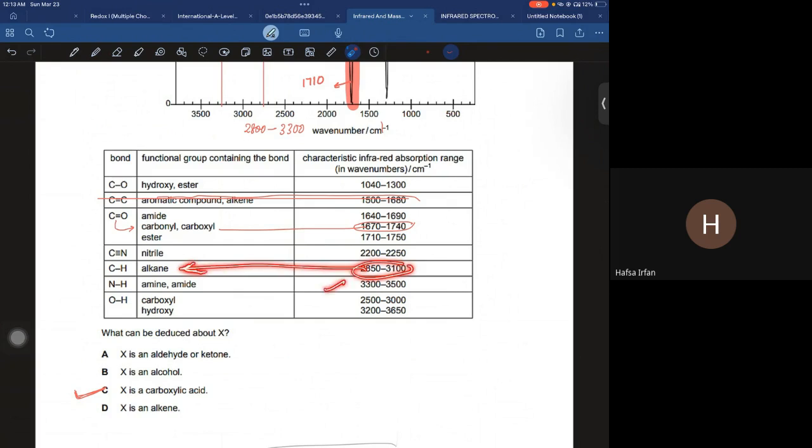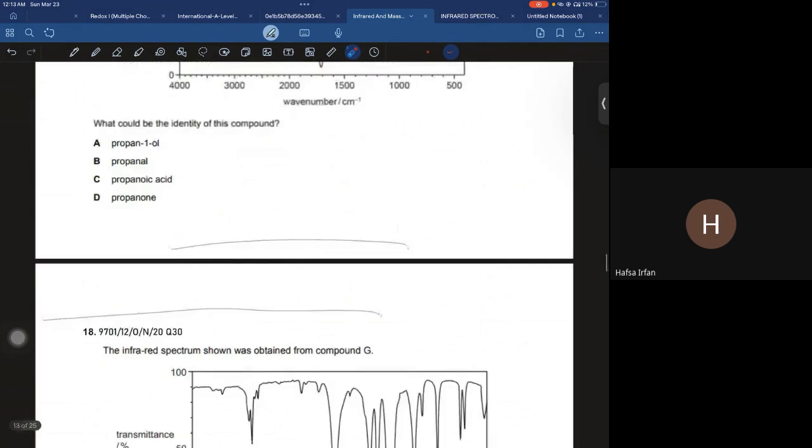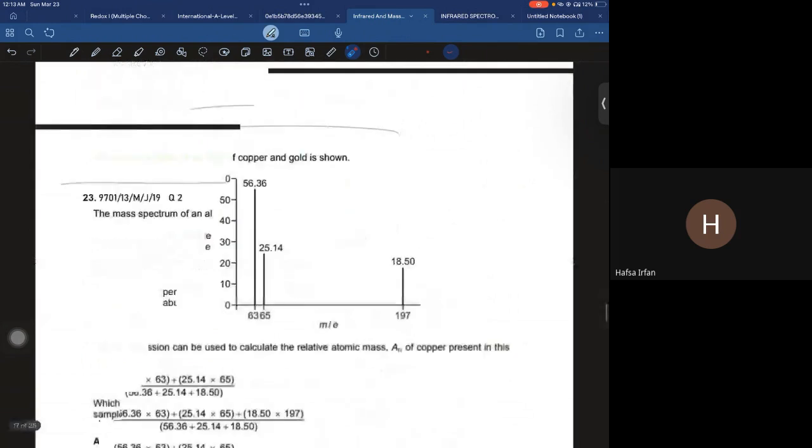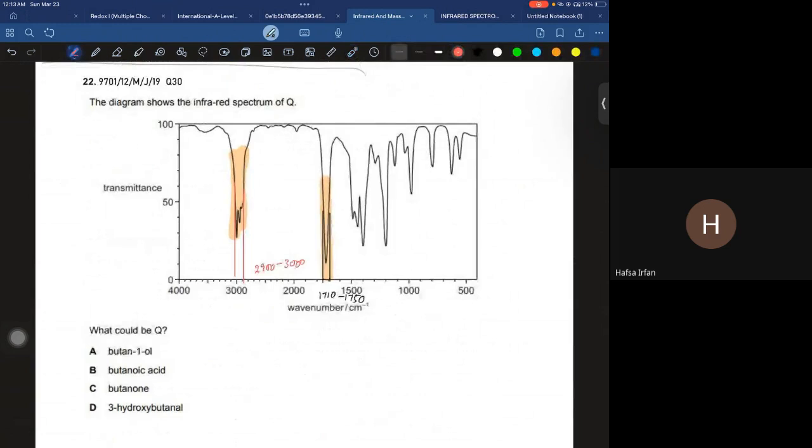So I can say this is butanone, only a ketone. In this, only the carbonyl group is there, nothing else.